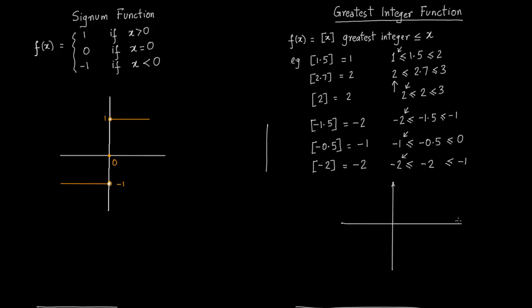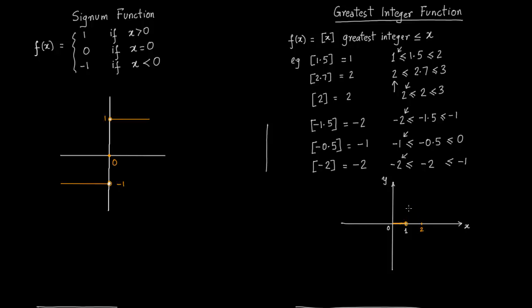And let us draw them now. From 0 to 1 it is 0, because it always takes the value of 0 between 0 and 1, since 0 is the lower bound of this interval.